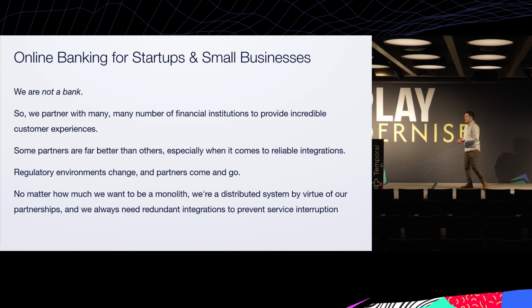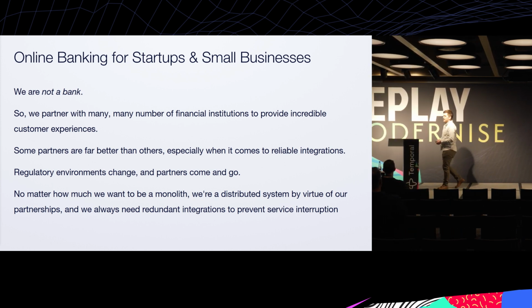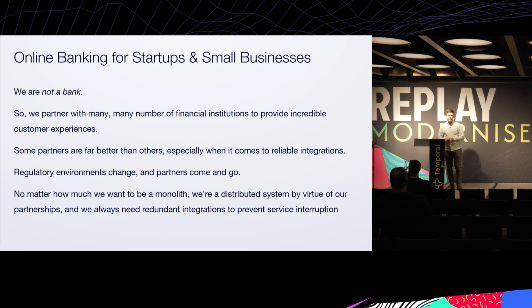And because different banks have different risk profiles, different customers that they're willing to accept, we often have to figure out, based off of a customer profile, do we put them on bank A or bank B? And sometimes when regulatory requirements change, we may have to migrate them over, right? We have to offboard them from one bank onto another. Same thing for credit cards, same thing for wire transfers.